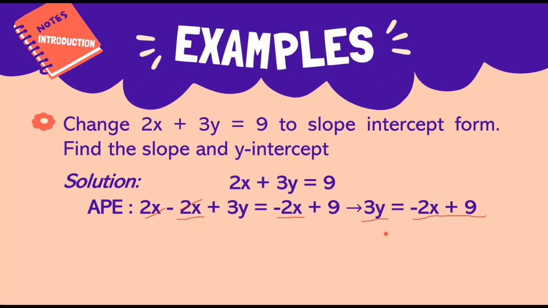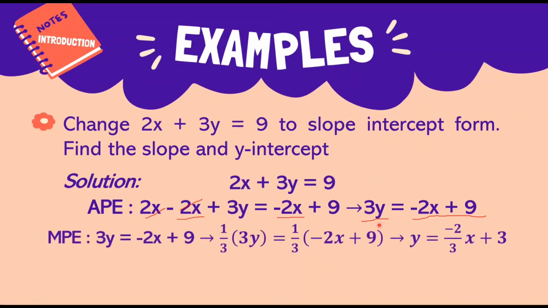So we need to divide both sides of the equation by positive 3 to eliminate our numerical coefficient, which is 3. So now, since we need to eliminate 3 to this variable, kailangan nating tagtagin at dapat ang numerical coefficient ng y ay 1 na lang, we need to apply the multiplication property of equality.